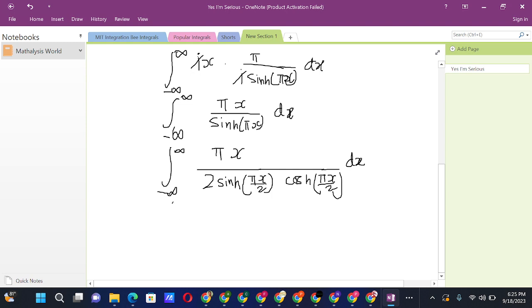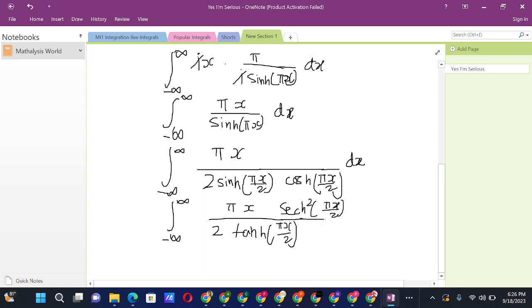Now we can divide numerator and denominator by cosh square of pi x by 2, and that will give us pi x by 2 here, tanh of pi x by 2, and in the numerator we have sech square of pi x by 2, and then a dx over there.